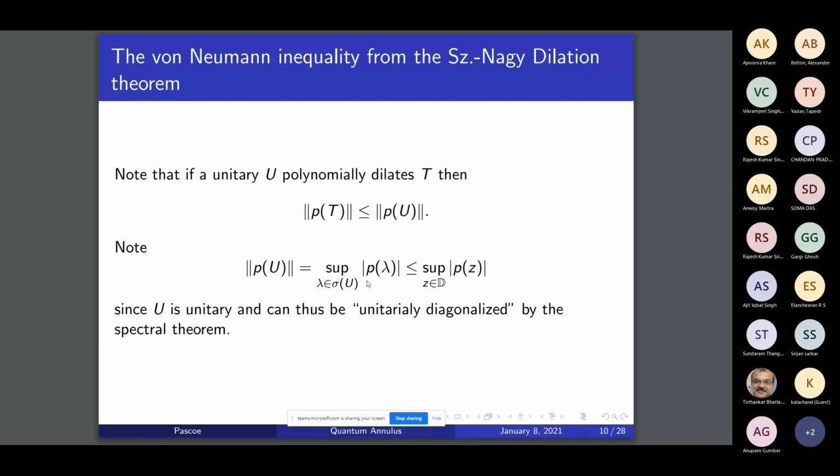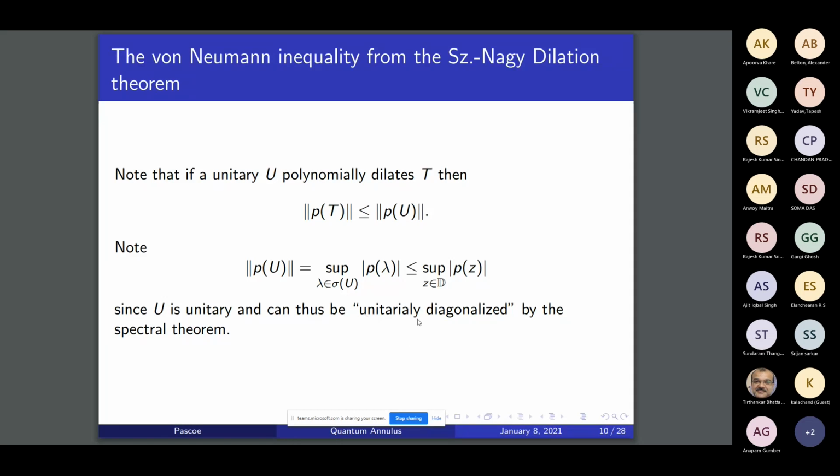So the point is that because we know that this is less than or equal to the sup of P of z over the whole disk, you don't even need the maximum modulus principle for that, but this says that the norm of P of U is less than or equal to the maximum of P of z. So essentially diagonalization plus this Sz-Nagy theorem prove the von Neumann inequality. And this is very nice because it says that the von Neumann inequality has a very slick algebraic proof.